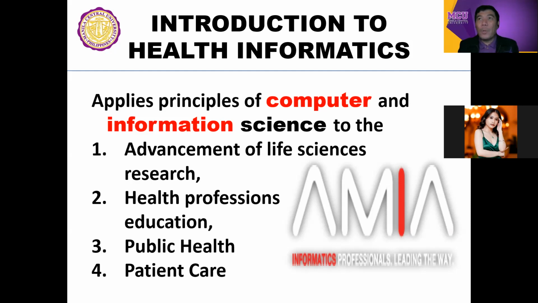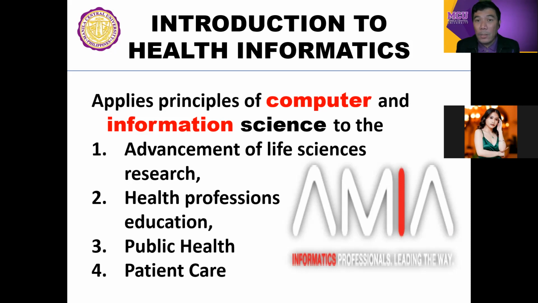Okay, that's why it's very important that when you do research, it will not be just within the four corners of the library. It needs to be published. Why? Once you lead it to the level of publication, it may reach a wider audience for them to appreciate the findings of your research.